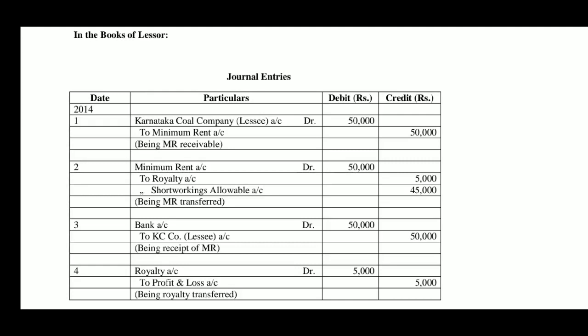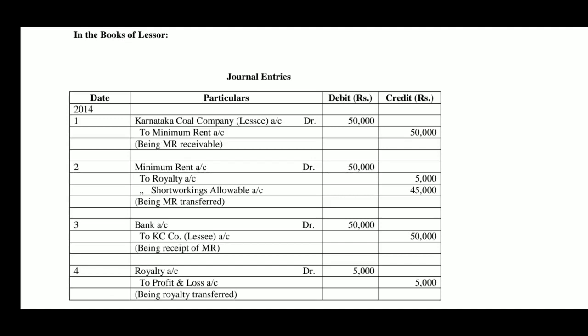In the first year, that is 2014, since minimum rent is more than actual royalty, now for the minimum rent due, the first entry is passed. Karnataka Coal Company, that is lessee, lessee's account debtor to minimum rent account 50,000 rupees being minimum rent receivable. Here minimum rent is receivable by the lessor from the lessee.